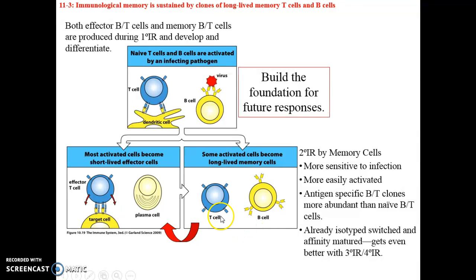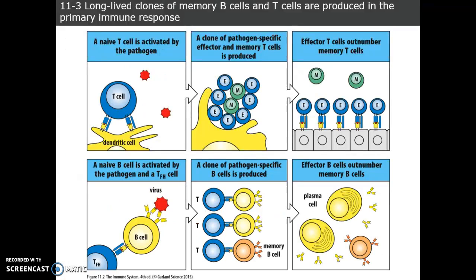Once they are activated, very quickly they transition to effector cells: a B cell becomes a plasma cell that immediately secretes high amounts of antibody, and the T cell creates effector T cells. Already isotyped, class switched, and affinity matured. This process gets even better with the tertiary and subsequent exposures.